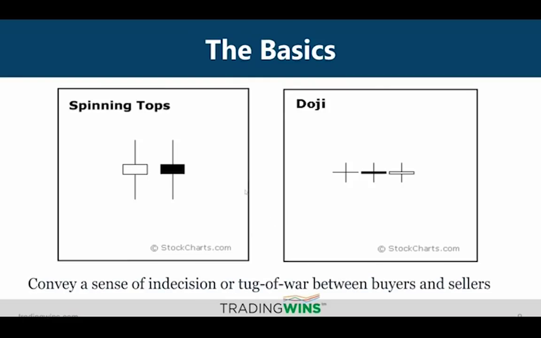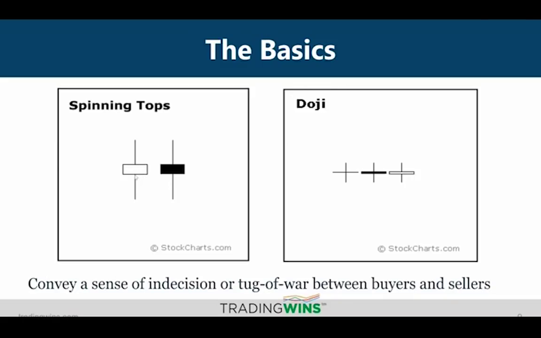And then we come to what we would call indecision type candles. It's the same idea, a tug of war between buyers and sellers. We open here, we have a big tug of war, a much wider range. Things are going back and forth, and then we settle slightly higher than where we open.